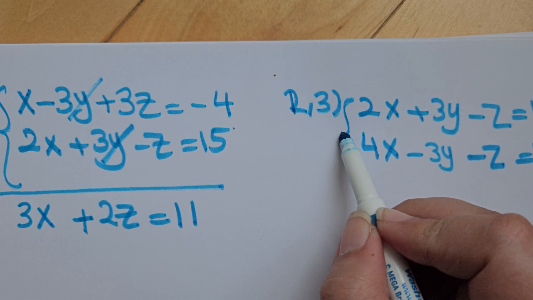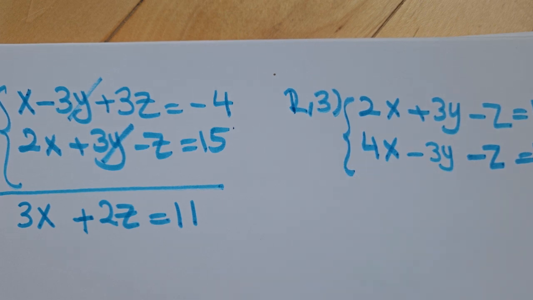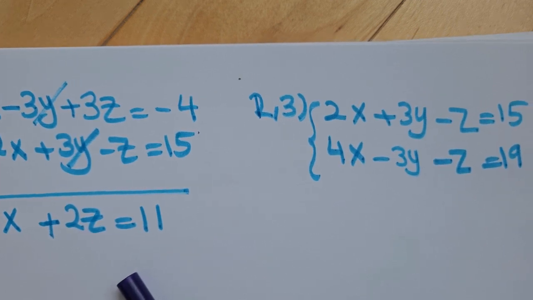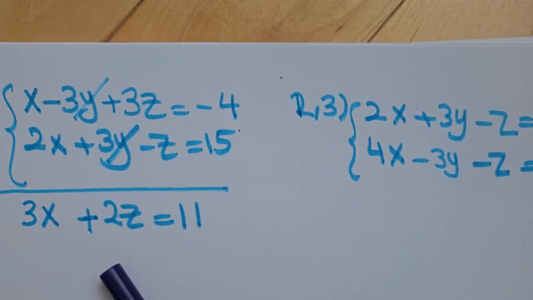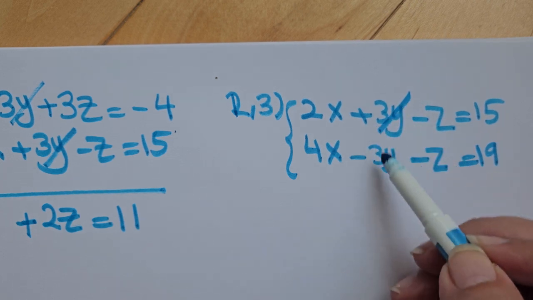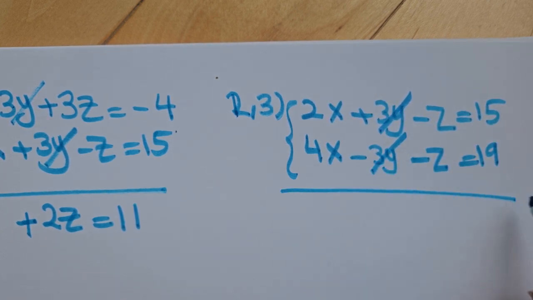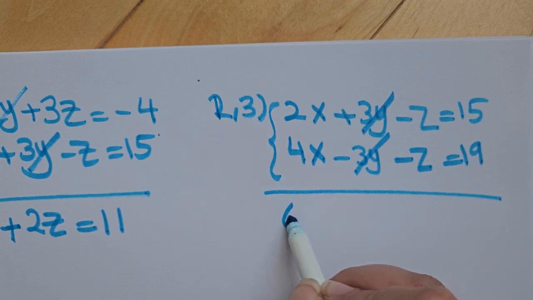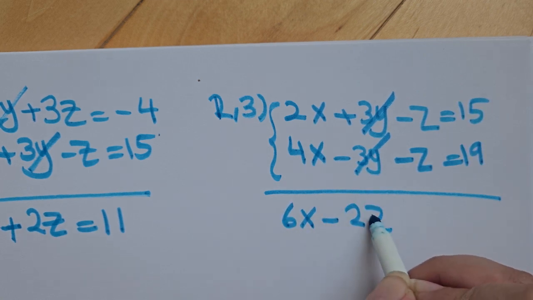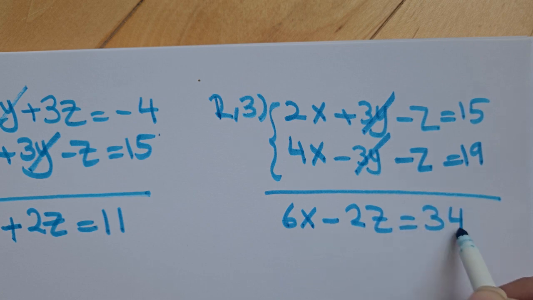What I want you to pay attention to here is that with this pair of equations, you have to eliminate the same variable that you did in the previous pair. Here we eliminated y, here we should be doing the same. We are lucky because these 2 can cancel out. And then the answer is 6x minus 2z, it's equal to 34.